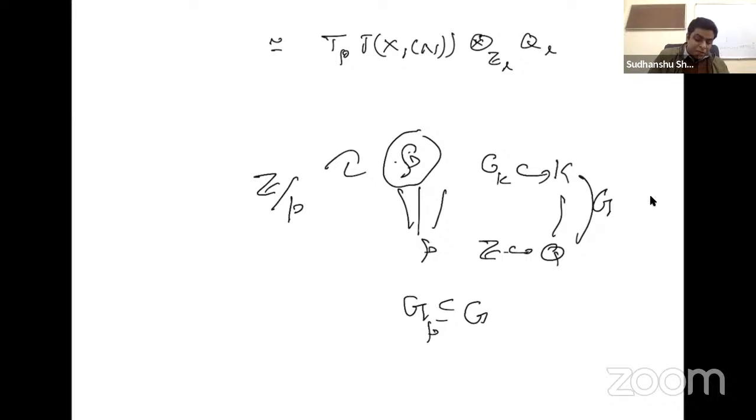We get that G_P mod I_P acts on the residue field, which is an extension of a finite field, and that's why it's generated by one element, which we call Frobenius. So whenever you have a representation on which I_P acts trivially, it is nothing but a representation of the Galois group of a finite field.